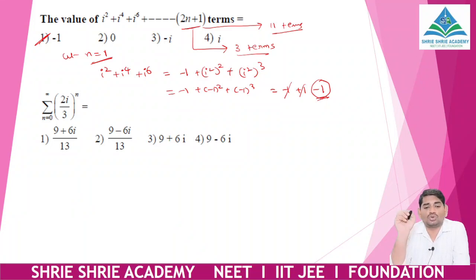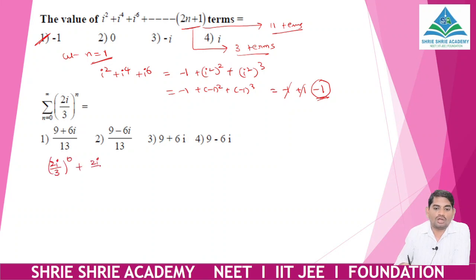Then see the next question. Summation n equal to 0 to infinity, 2 iota by 3 whole power n. See here we can expand this. If we expand this, what do we get? 2 iota by 3 whole power 0 plus 2 iota by 3 whole power 1, 2 iota by 3 whole power 2 plus and so on up to infinite.